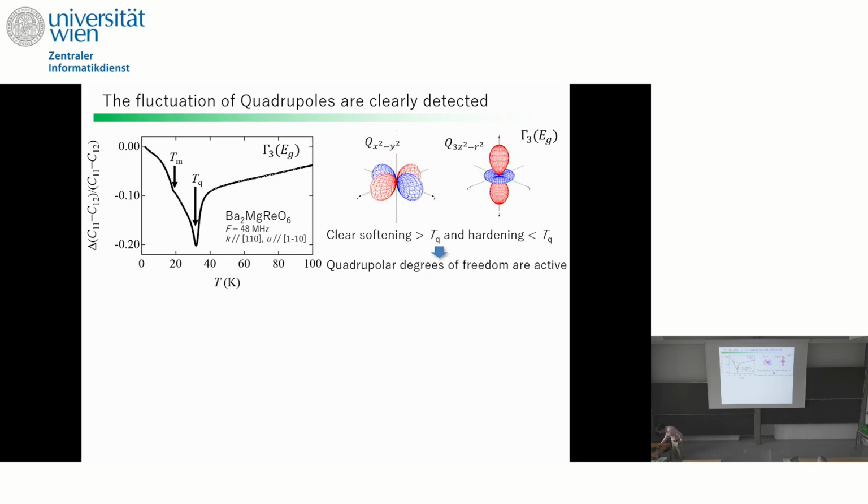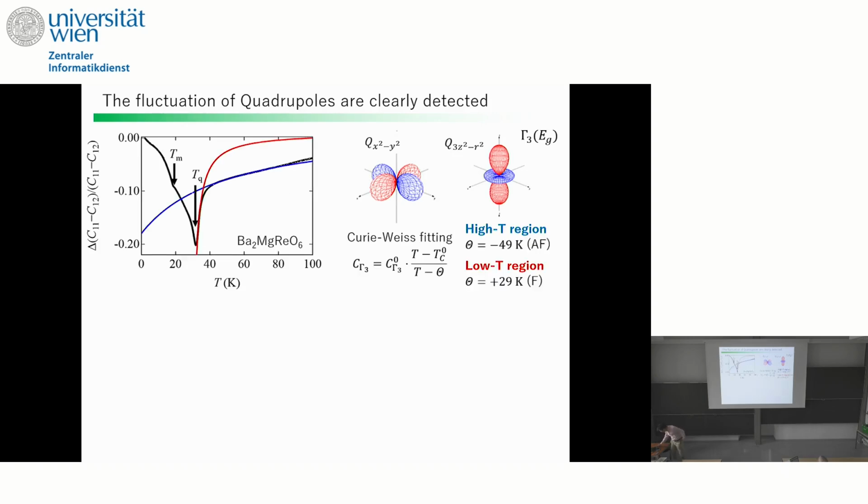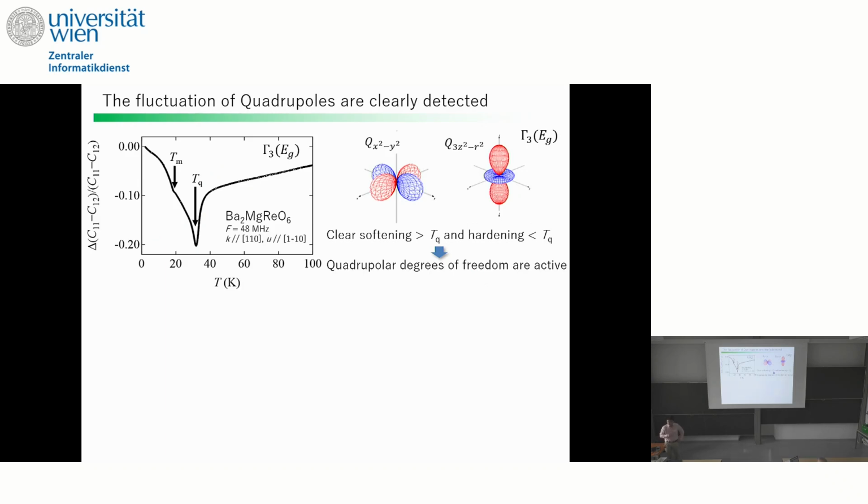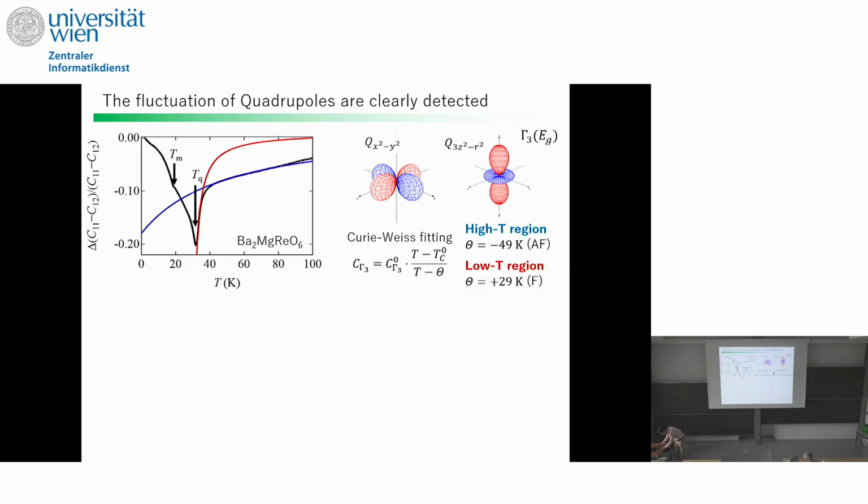And this is something like Curie-Weiss law. We are detecting the fluctuation of quadrupole moments, so we can analyze this softening by Curie-Weiss law. But apparently, this curve drops too steeply, so we cannot express it by only one Curie-Weiss behavior. Instead, we have two Curie-Weiss components to fit this softening.